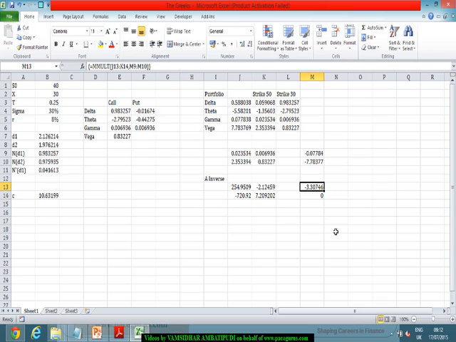Right, or probably one more which I want to use here is a 60 strike instead of strike 50, a 60 strike with a variance of 20.